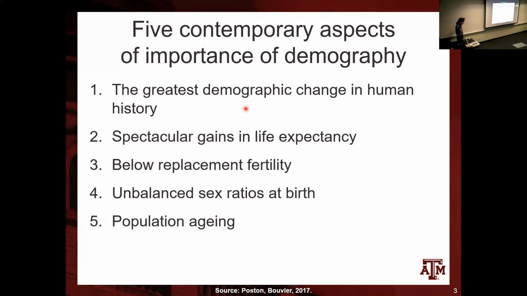So many people being born and living longer makes the overall population size in the world increase a lot. So the overall size of the population is linked with people living longer. So we have really high increases in life expectancy.